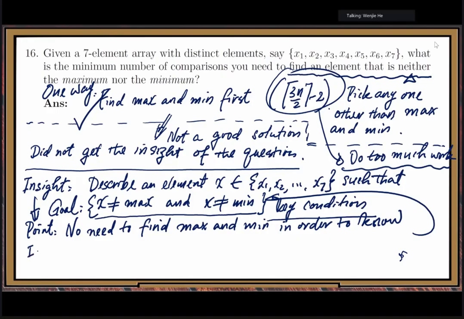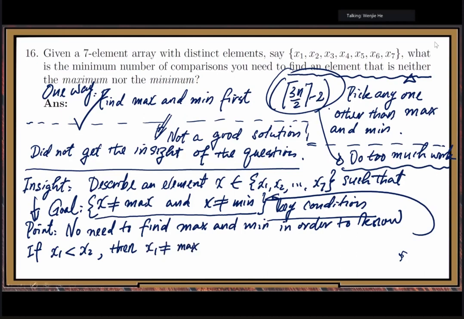Let's look at one special case. If x1 is less than x2, then x1 is not max.